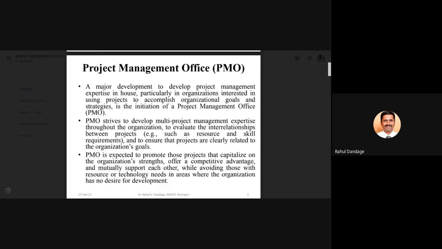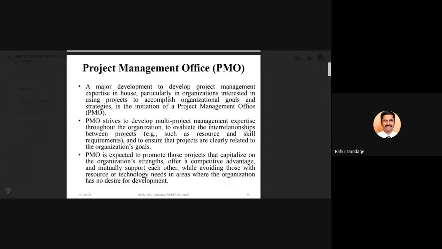Whatever projects we are doing should be aligned with the organizational strategies, organizational goals, and the expected objectives and outcomes for your organization. This project management office is expected to promote those projects that capitalize on the organizational strengths, offer a competitive advantage, and mutually support each other, while avoiding those with resource or technology needs in areas where the organization has no desire for development.